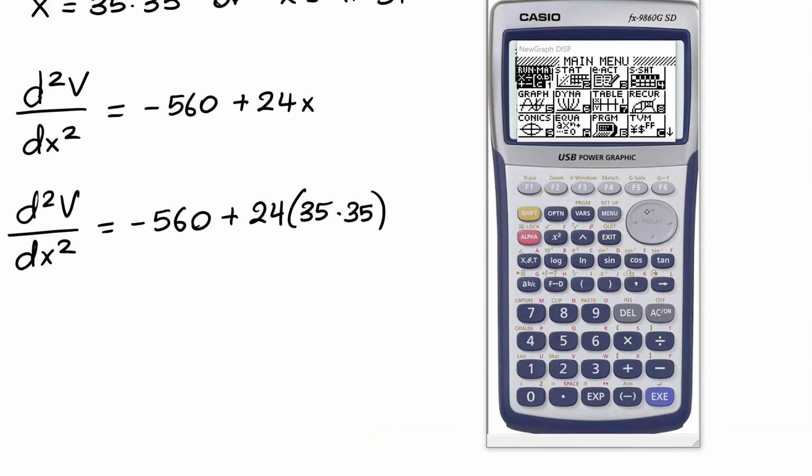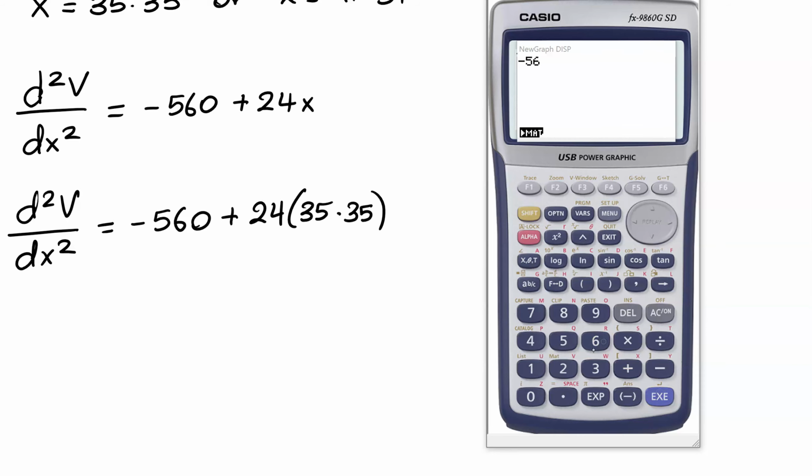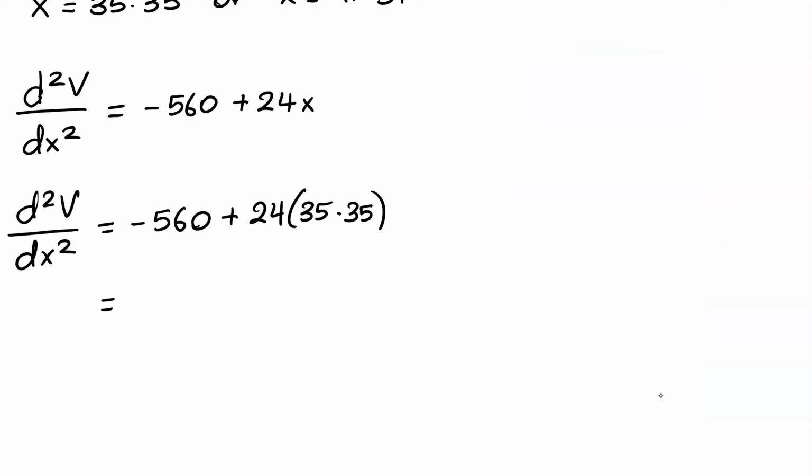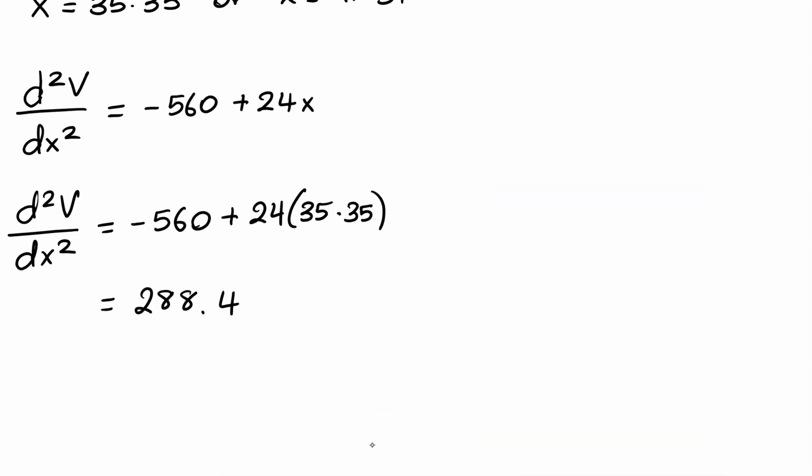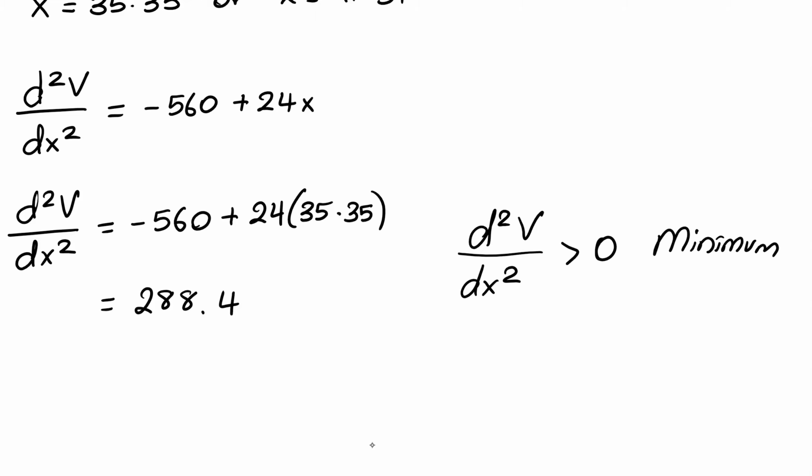Negative 560 plus 24 times 35.35. We get 288.4. Now this is obviously greater than 0, so if you remember, since it's greater than 0, this is our minimum. But let's do the second one anyway, just to be sure it's our maximum.